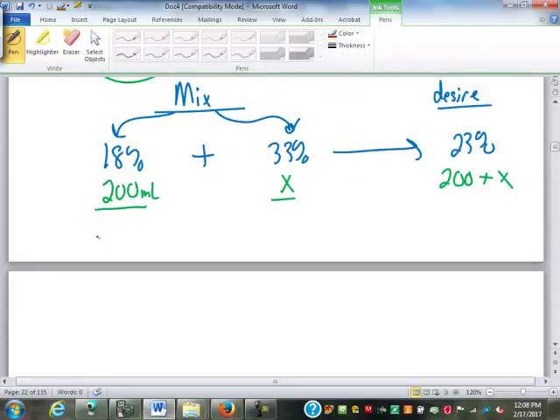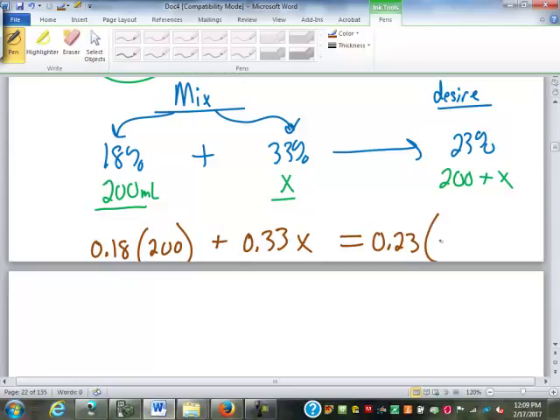For solution A, 18% becomes 0.18 times 200 milliliters. For solution B, 33% becomes 0.33 times its amount, x, equals, for our desired amount, 23%, which is 0.23 times that volume of 200 plus x.